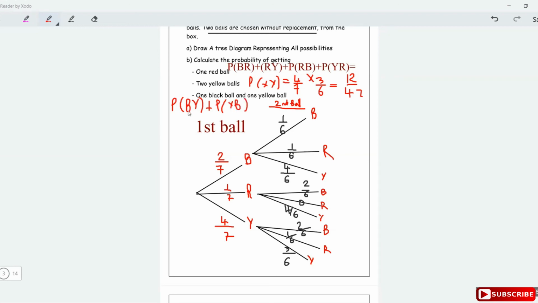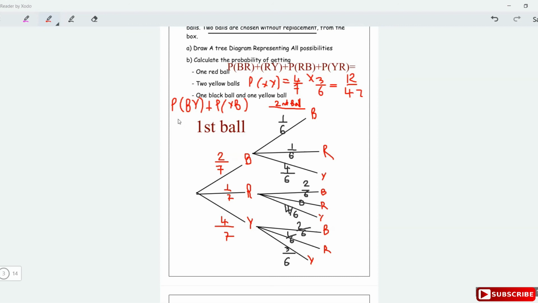But the probability of getting a black then a yellow would be, probability of a black is 2 over 7 times a yellow, which is 4 over 6. 2 times 4 is 8, then over 7 times 6 is 42.